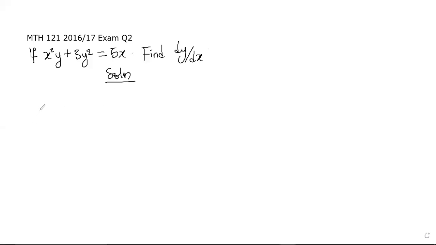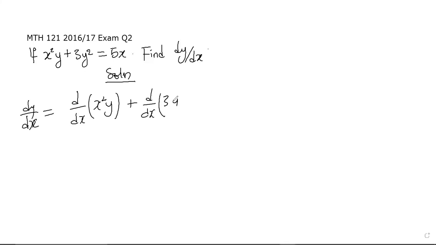Okay, so now dy/dx equals d/dx, that's the derivative of this first term here, x squared y, plus d/dx of this second term here, 3y squared, equals d/dx of 5x.